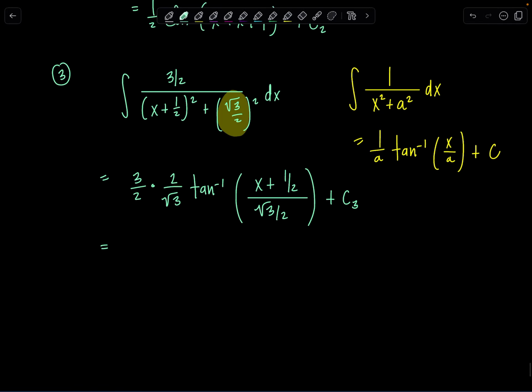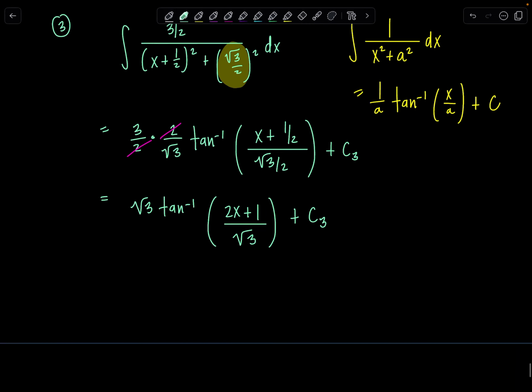And then let's clean up a bit more. So these 2's cancel. 3 divided by rad 3 is just rad 3 tan inverse. This 2 flips up to the numerator, and if I distribute it through now, it's 2x plus 1 over rad 3. Leave it down there, it's fine, plus C3.